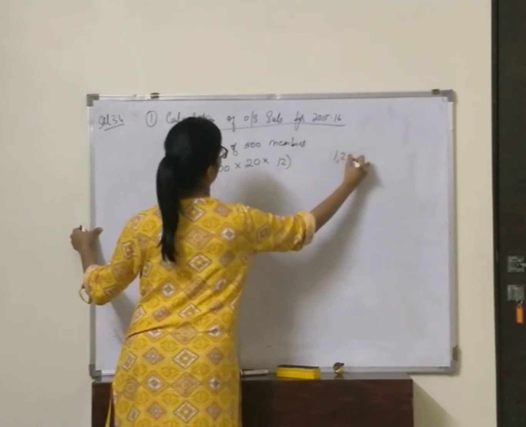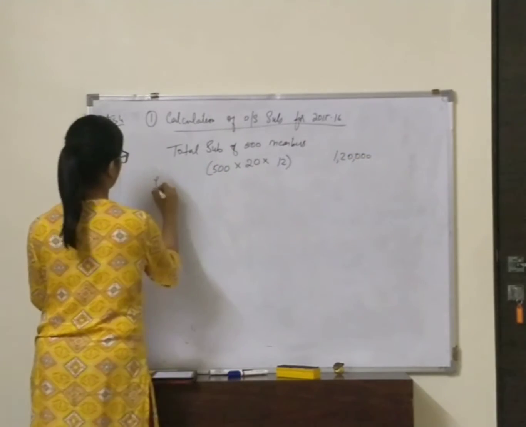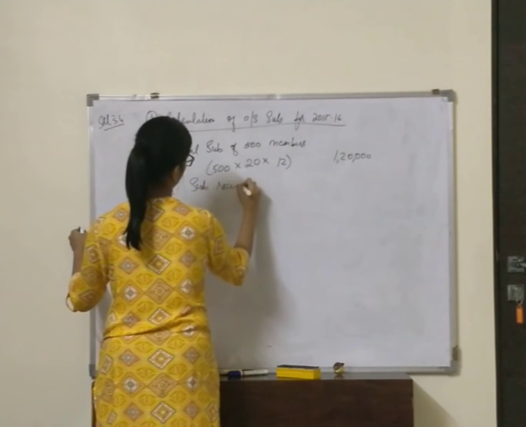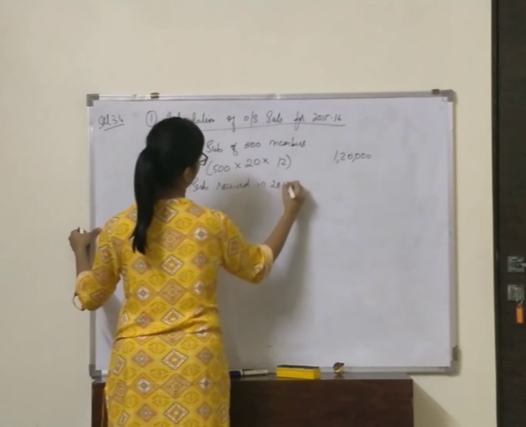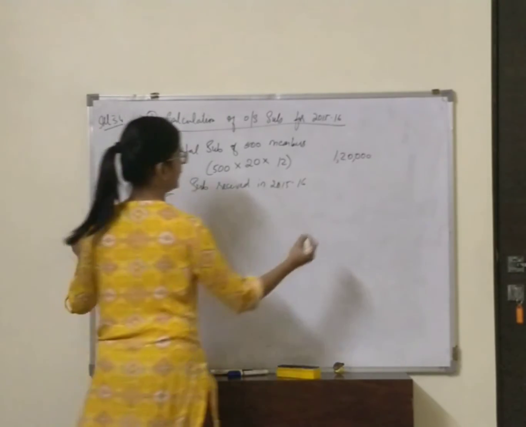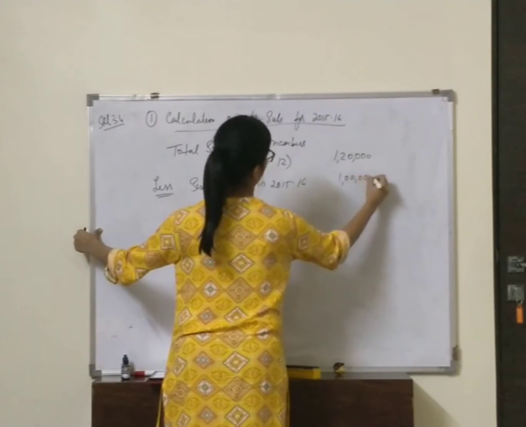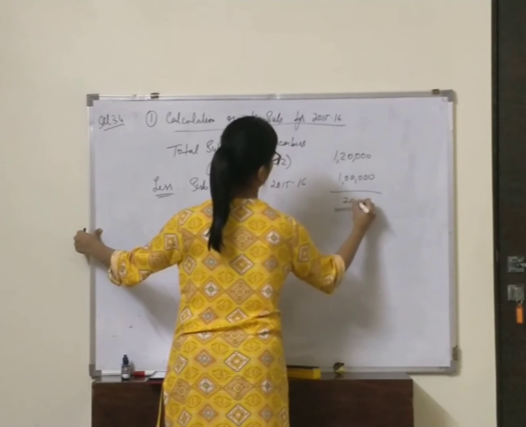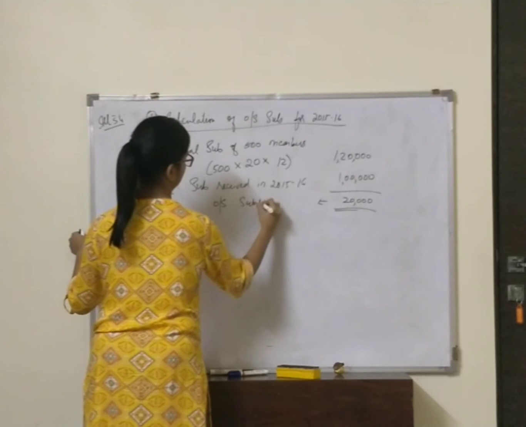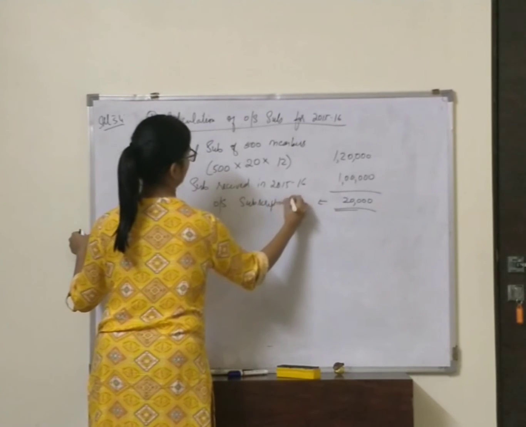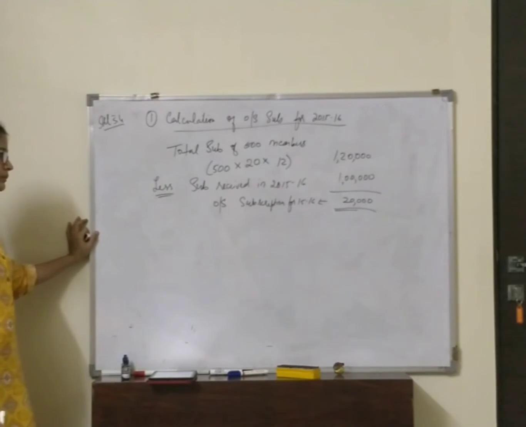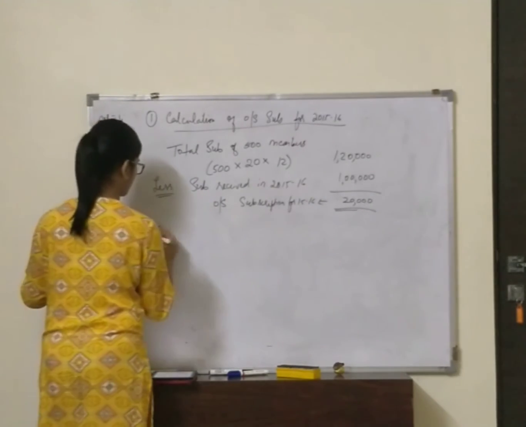So how much do we get? 1,20,000. Then we will deduct subscription received in 2015-16. This is in the receipt and payment account, receipt side. 1 lakh. So what answer do we get? 20,000. So this is our outstanding subscription for 15-16. Clear?